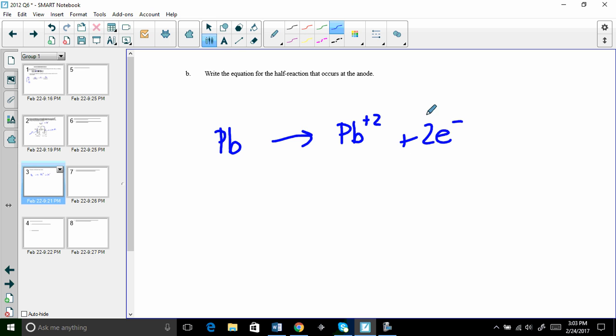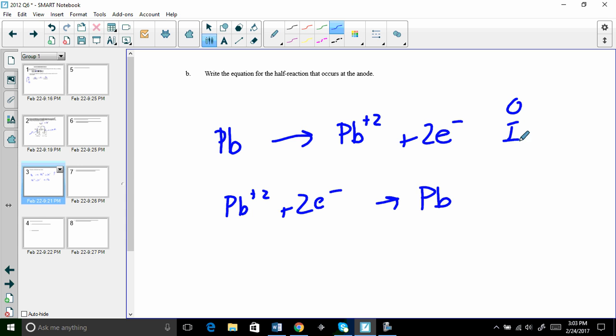Remember, oxidation, the electrons are on the right, reduction, they're on the left. We know that the half reaction is one of these two, because if you look in that half cell, there's lead and lead 2+, but this is reduction.